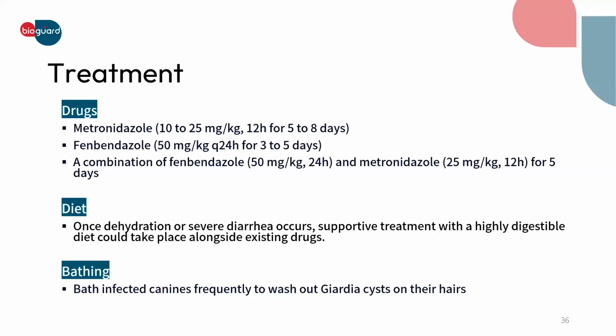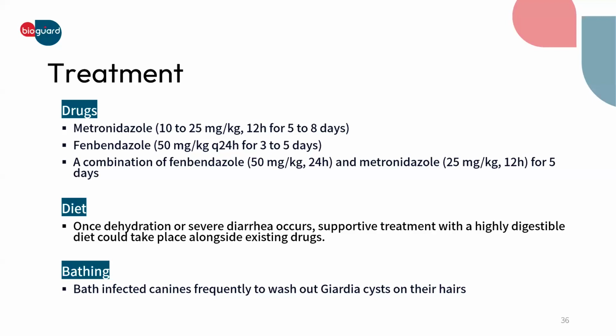However, there's another drug, fenbendazole, which is also chosen by the vets to be given to the patient at the dosage rate of 50 mg per kg of the weight every 24 hours, each day, for 3 to 5 days.